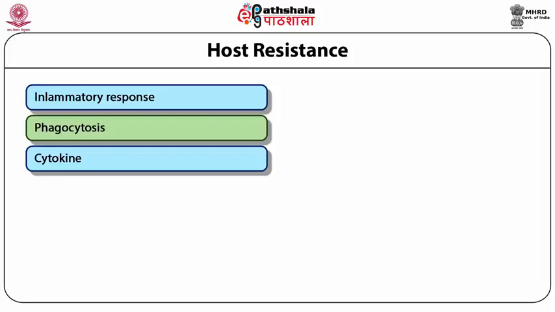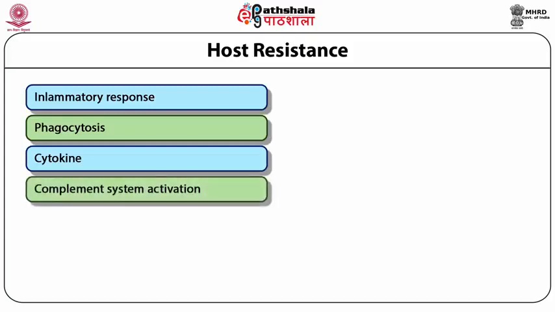Another very important component is the complement system. The complement system prevents the pathogen from invading and multiplying, as the complement system in conjugation with the antibodies present in the body causes puncturing in the bacteria. It forms pores and thus kills the bacteria.